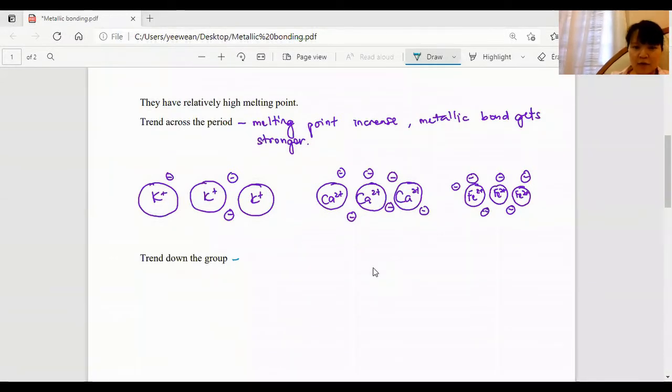The trend down the group: going down the group, the melting point would decrease. The reason is the same thing, the metallic bond would become weaker and weaker down the group.